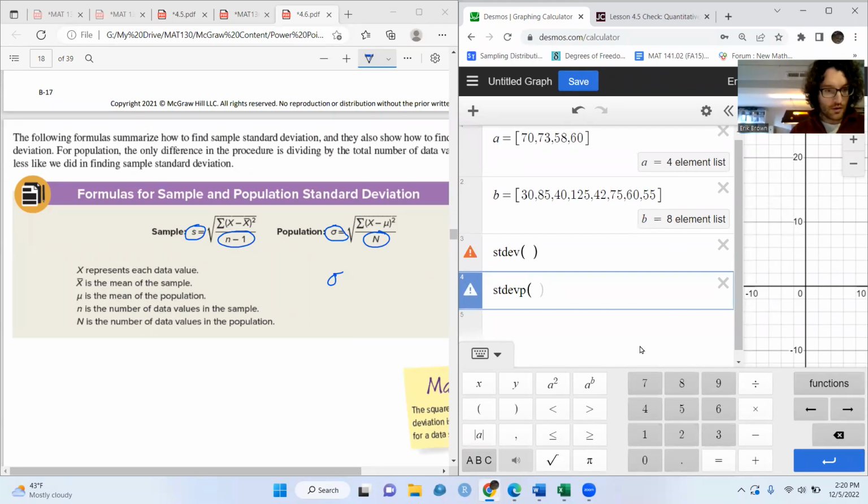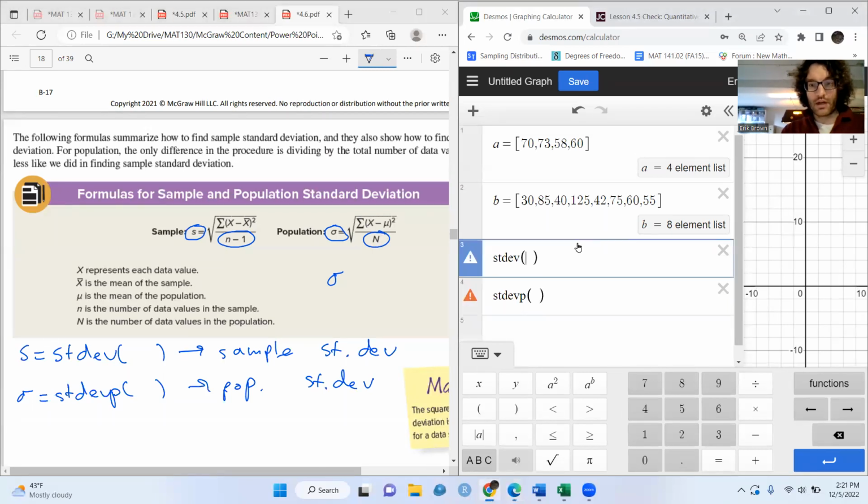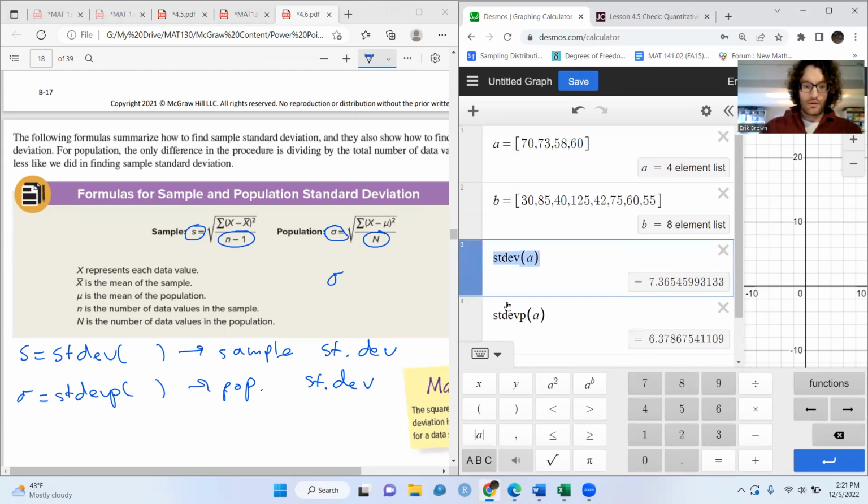So in Desmos, stdev is sample standard deviation, in other words, S. And then sigma is stdevp, population standard deviation. So for those dogs, I'm going to put an A for each of these. There's the two different standard deviations.